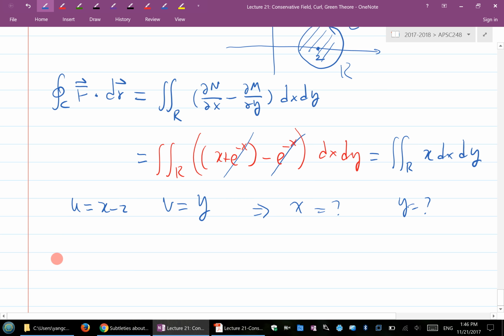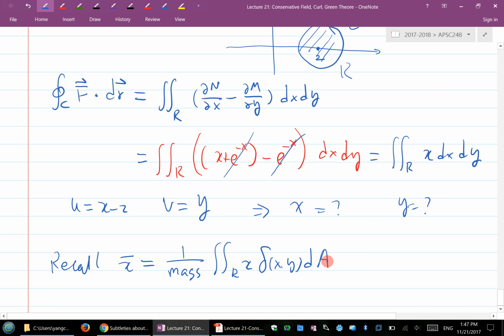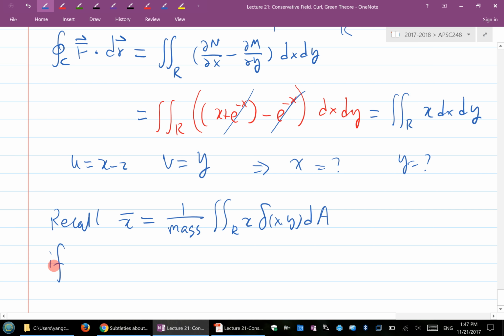So the trick is, if you recall, the formula for the center of mass is what? It's 1 over the mass, and x times the density, then times dA, right? That's the center of mass formula for x bar. If your delta equals 1, then this formula will become, so the mass is the double integral of delta dA.